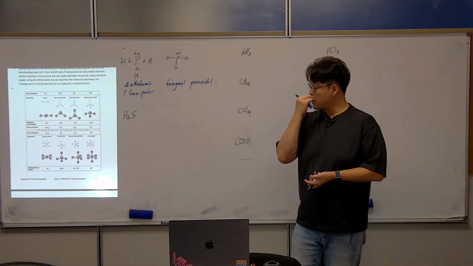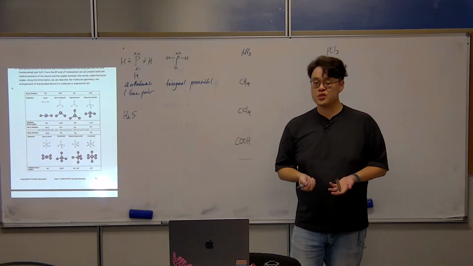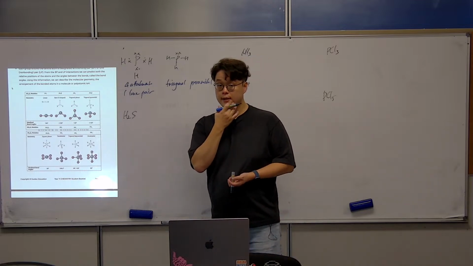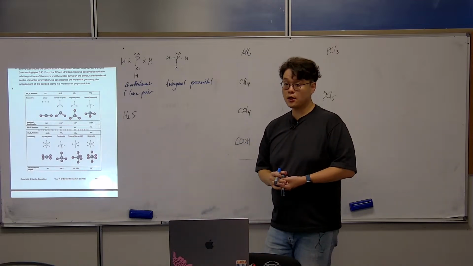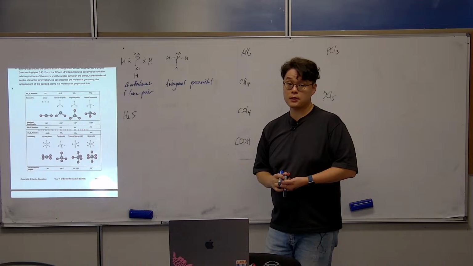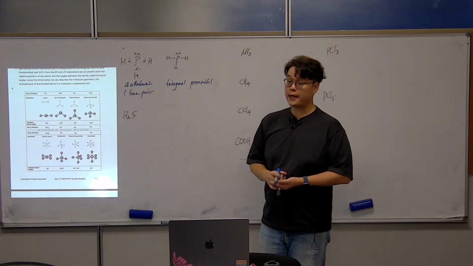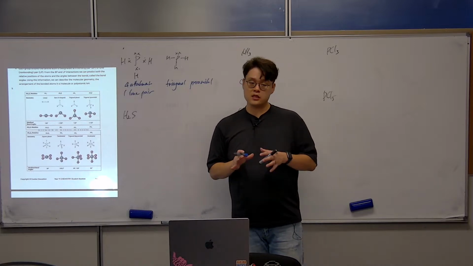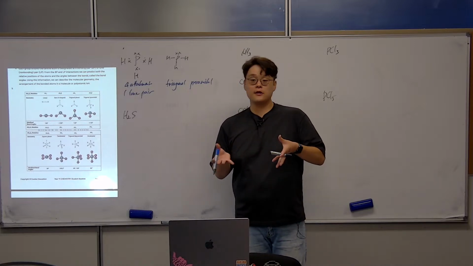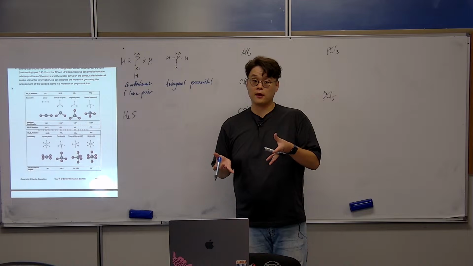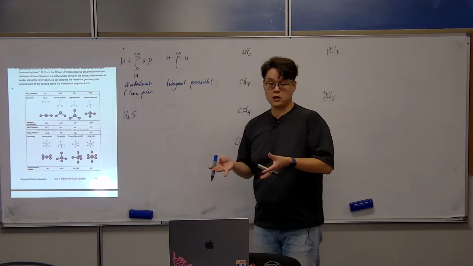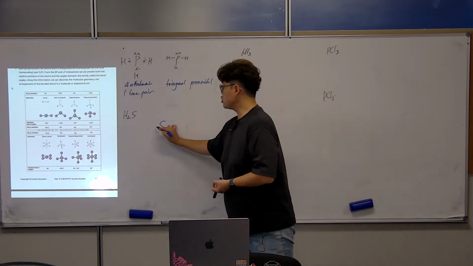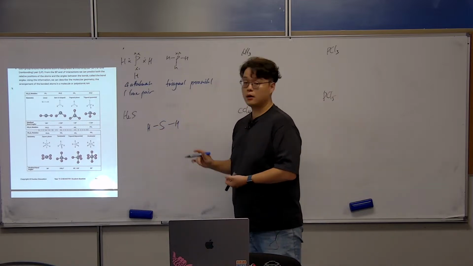Okay, so to determine that, start with the Lewis dot structure. Sulfur, what group is sulfur in? Same group as oxygen, which is group 16, okay? Which means it has how many valence electrons? 6. So 6 valence electrons means that according to the octet rule, it can make up to 2 covalent bonds. So each bonds with a hydrogen like this.